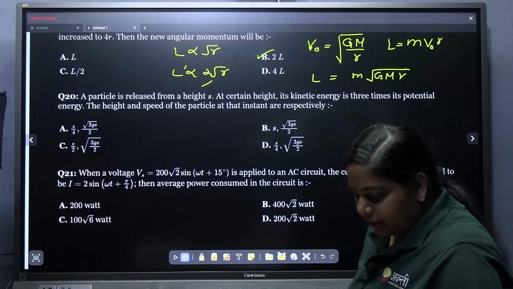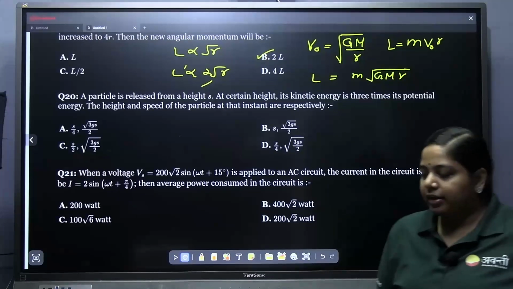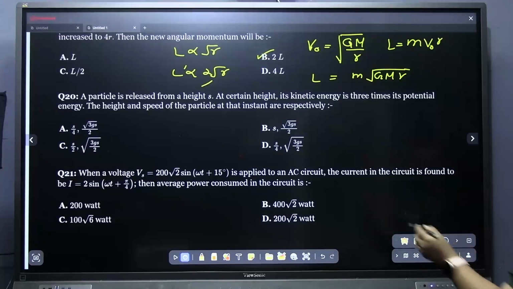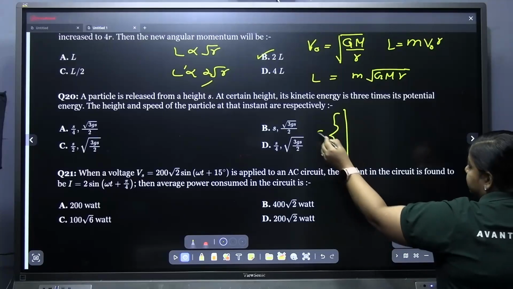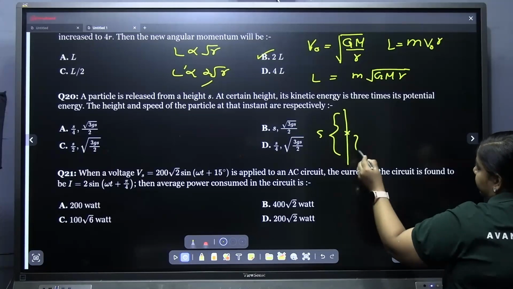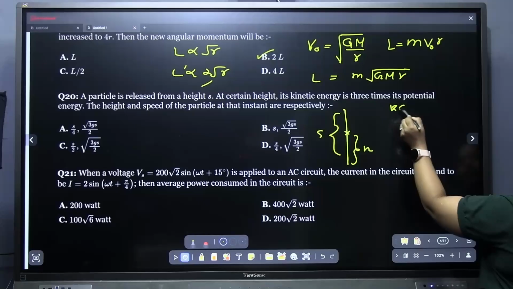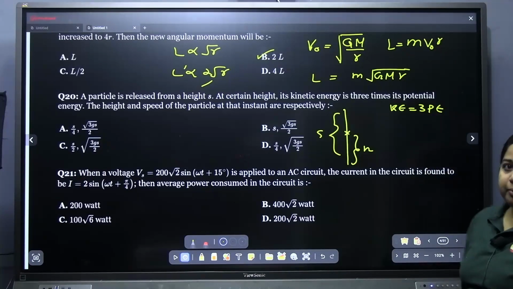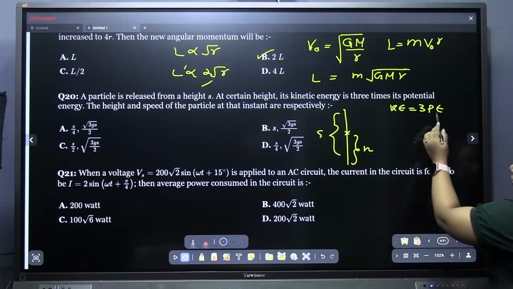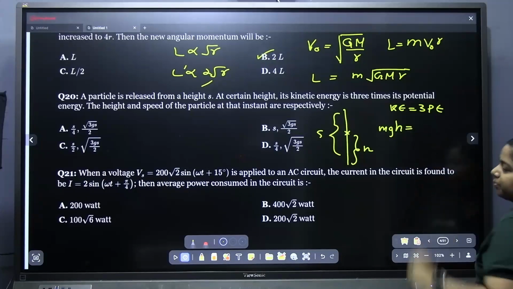Here we are going to calculate like this: let's say this distance is s, and at this point, this is height h. At this point, kinetic energy equal to 3 times potential energy. Potential energy we can just say is equal to mgh.